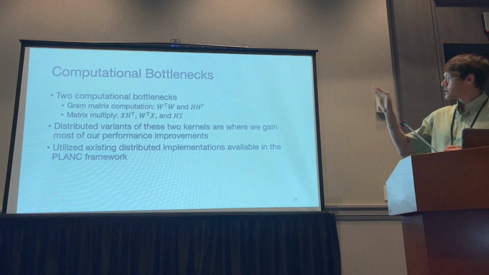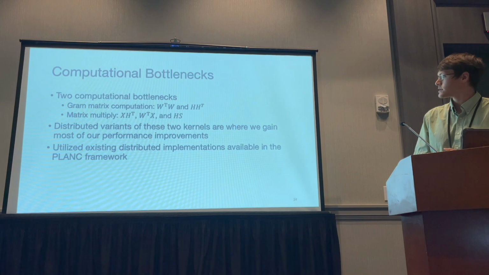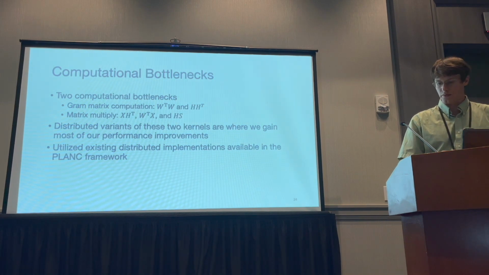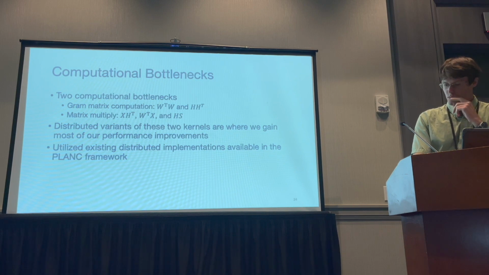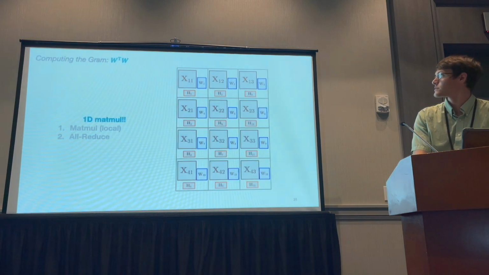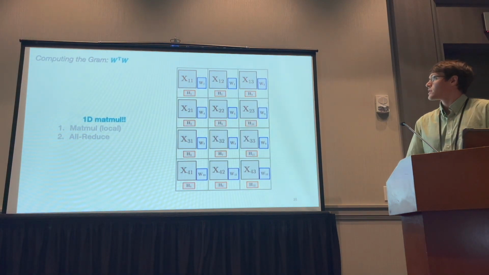So let's quickly go over these two kernels, just so you get a feel for where we get most of our performance improvement. It's the basis for the three distributed algorithms. The first is the Gram kernel.